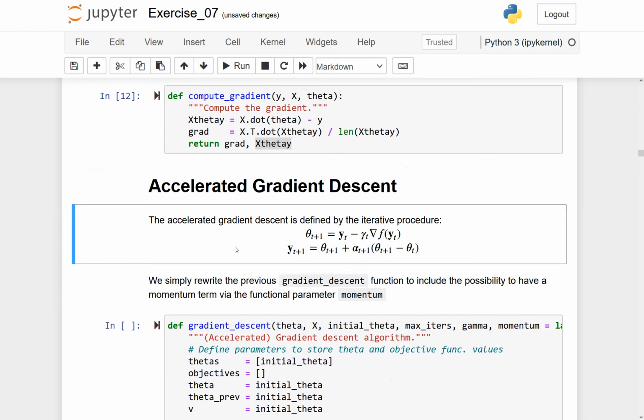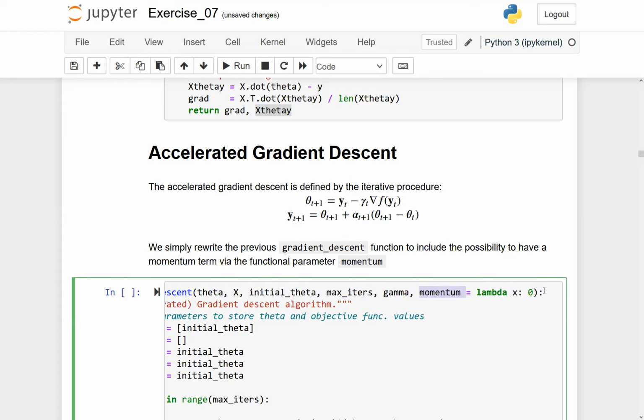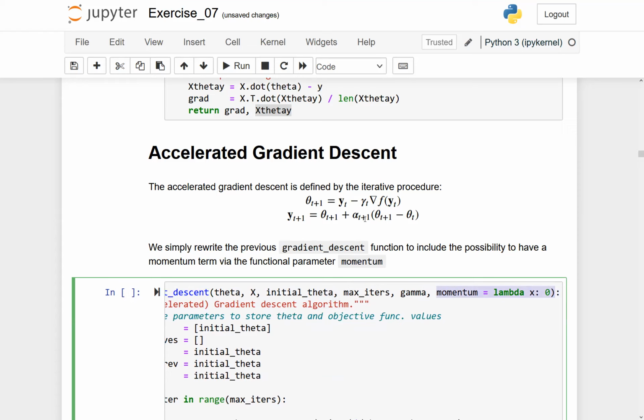Because what we did last time was we specified the accelerated gradient descent method with the help of the gradient descent function we had before, simply by having a functional parameter momentum, which can be turned off, which is by default the case, so that you always have a 0 returned, and the accelerated gradient descent boils down to the plain gradient descent.